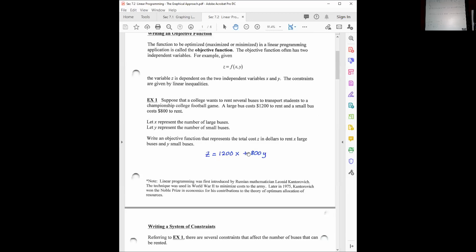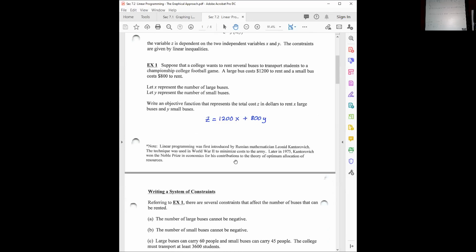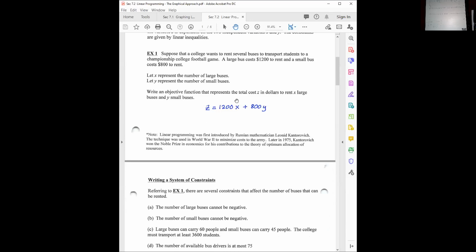So then you get this objective function. But later you'll apply restrictions to this, because in real life you have to have restrictions on what you're doing. You can't just buy only one bus, or you can't buy infinite buses.